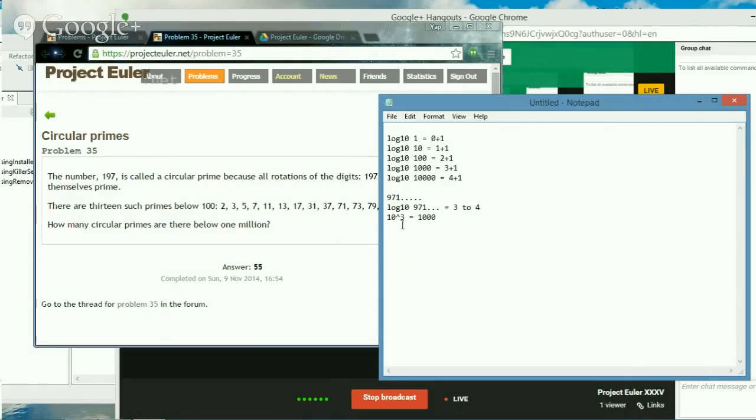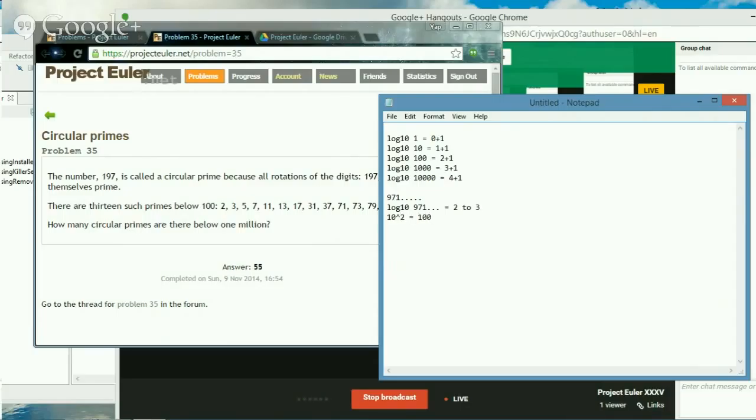But the problem here is, because log 10 and 10 power of something are basically under the same system, instead of adding 1 to know the digit, we can just reuse the value here, 100.